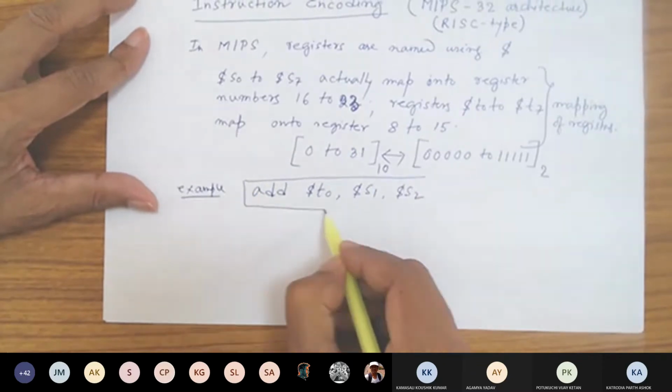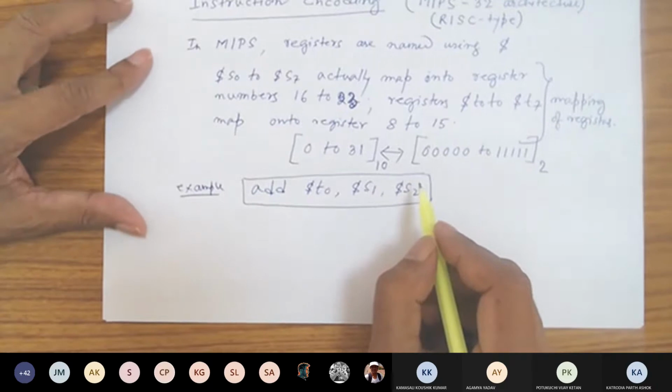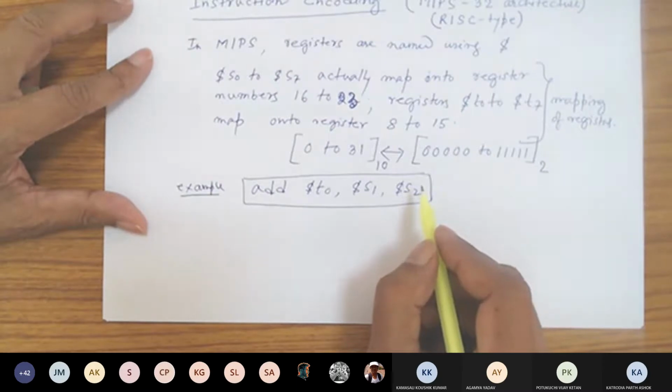Its binary, its decimal representation for all the fields may be something different. Okay.